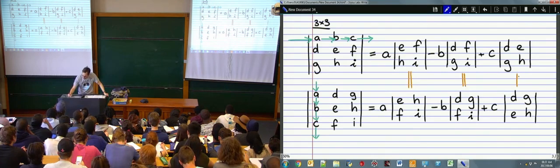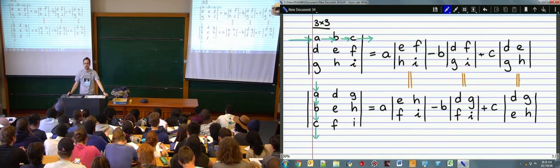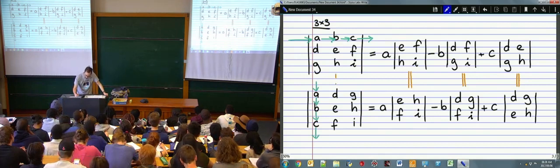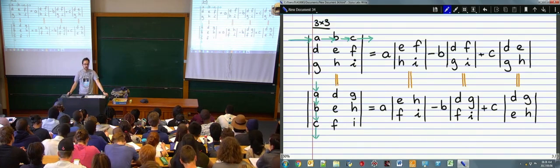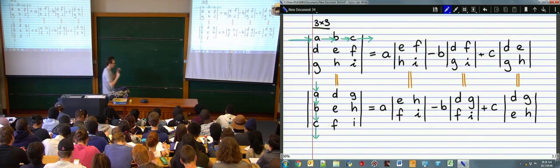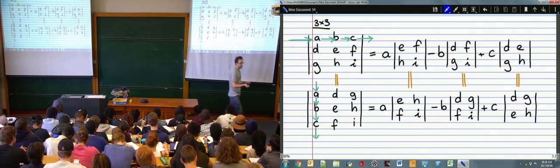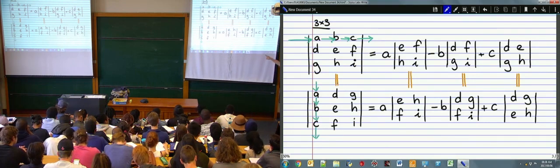And over here, these are also equal. So all the things on the right-hand side are equal, which means that the things on the left-hand side must also be equal. Because the 2 by 2 matrix doesn't change its value when you take the transpose, the 3 by 3 matrix doesn't change value when you take the transpose.